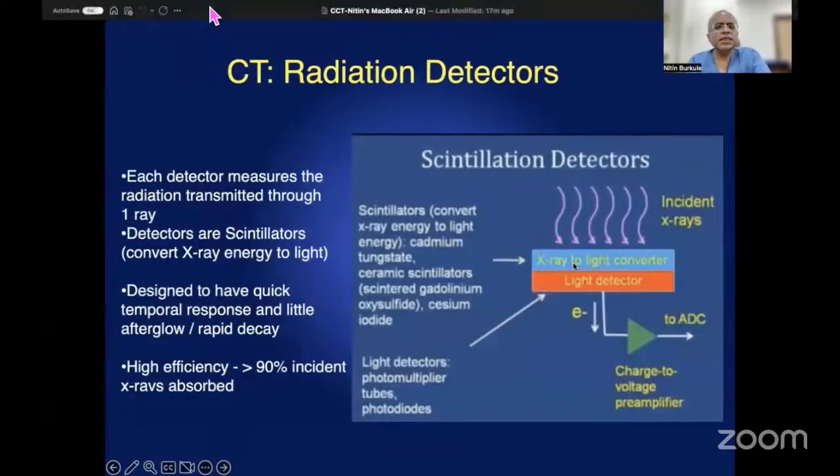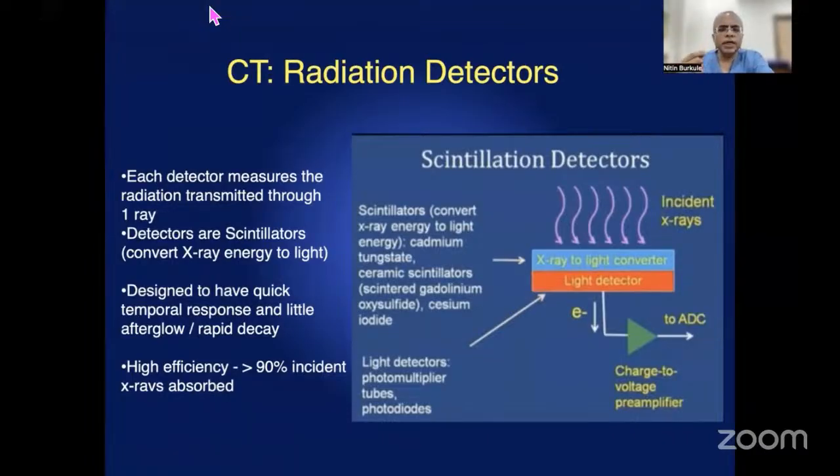So what do the detectors do? The X-rays pass through the body and then strike the detectors on the opposite side. Each ray carries the information of the energy attenuation. These detectors are nothing but scintillators.